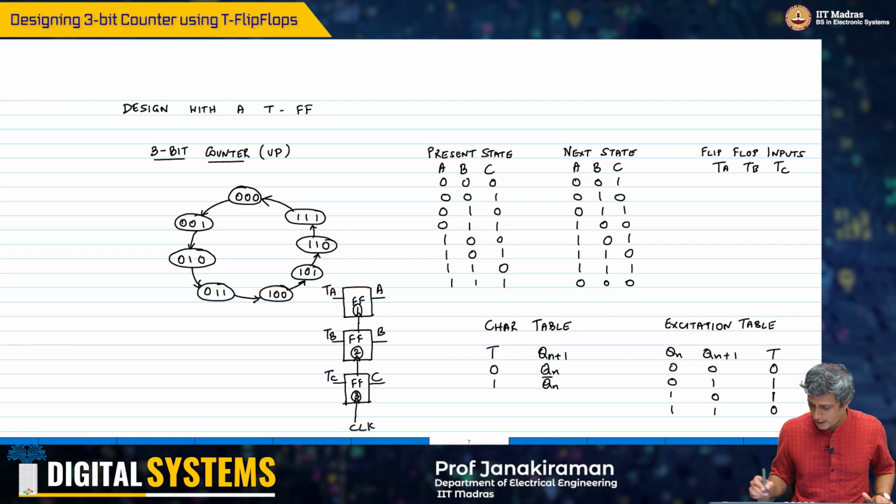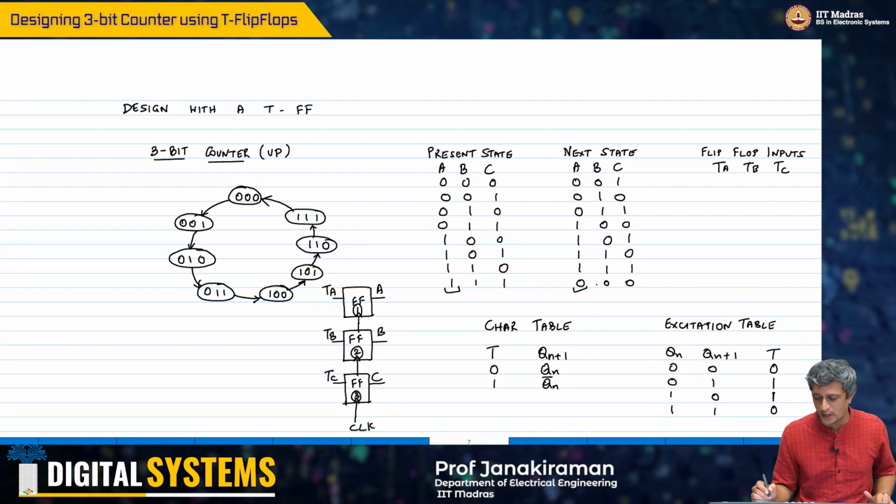So now, in order to figure out TA, TB, TC, we need to look at the corresponding transitions.